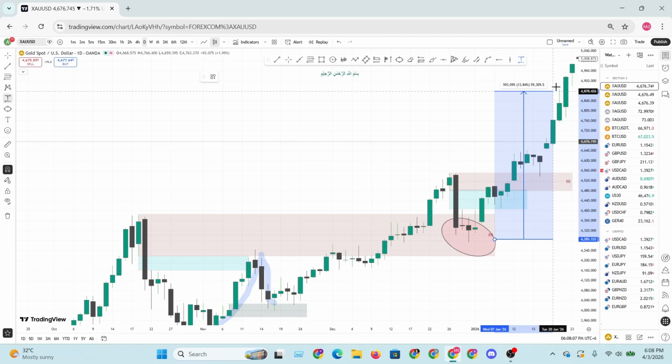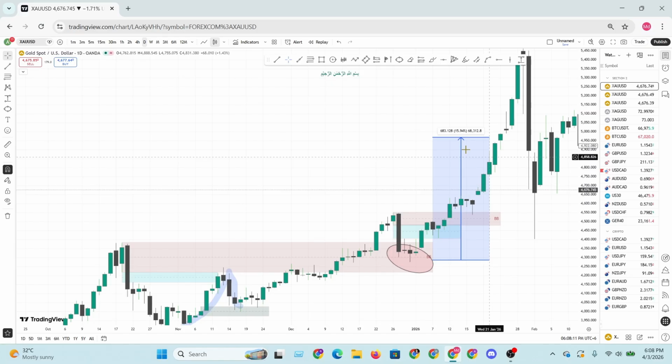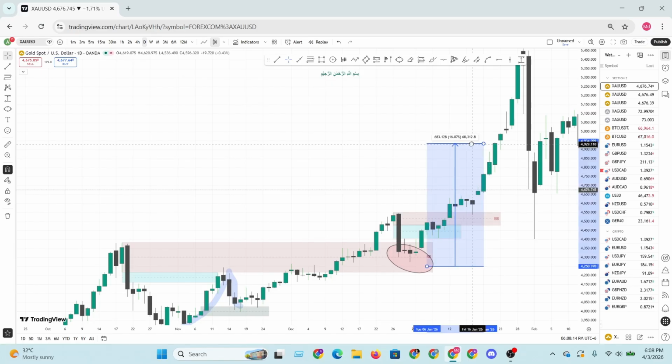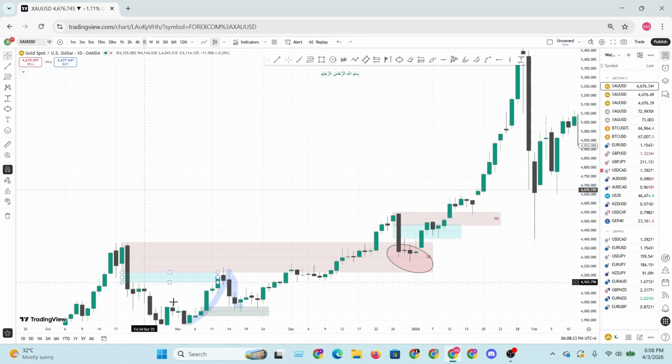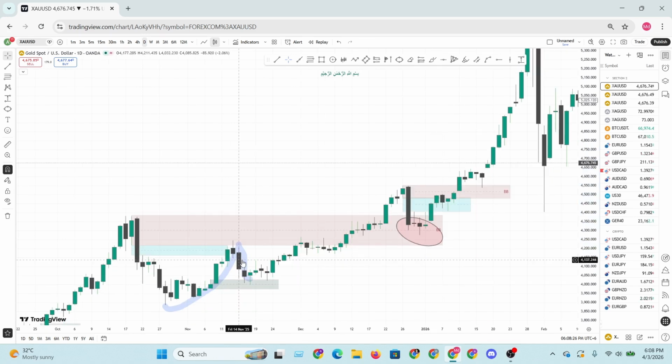Look, we see two breaker blocks, one after another.